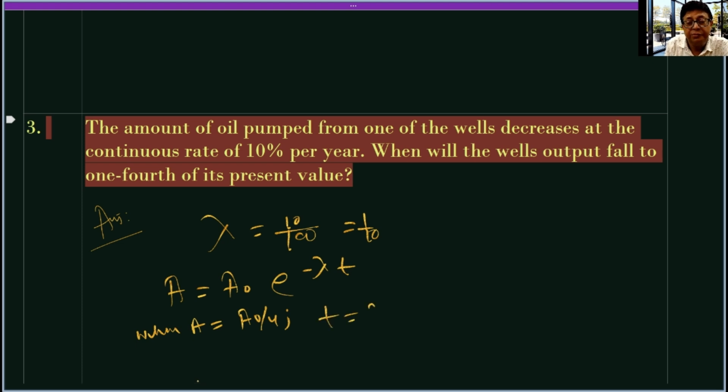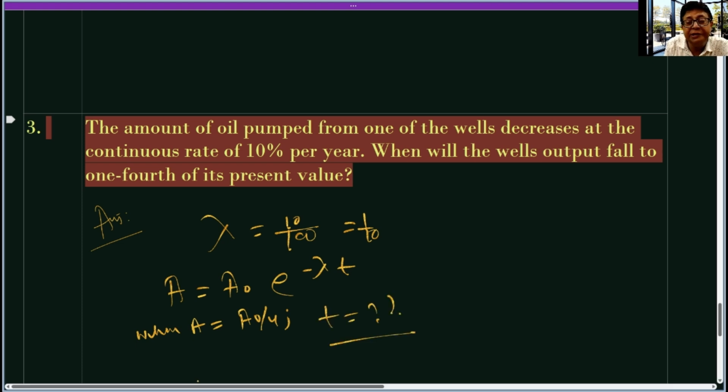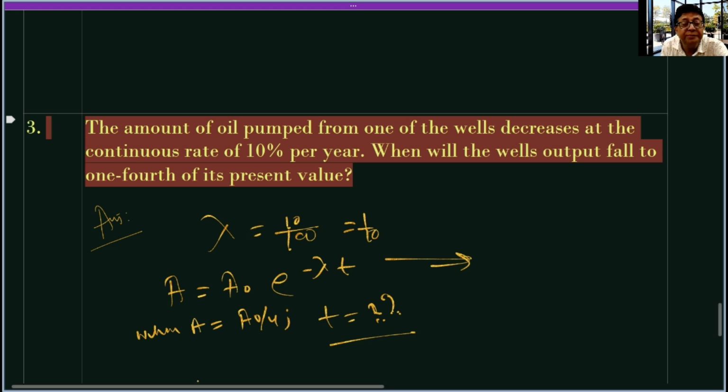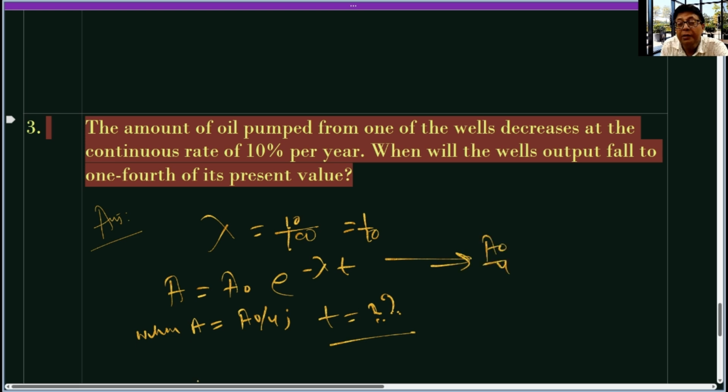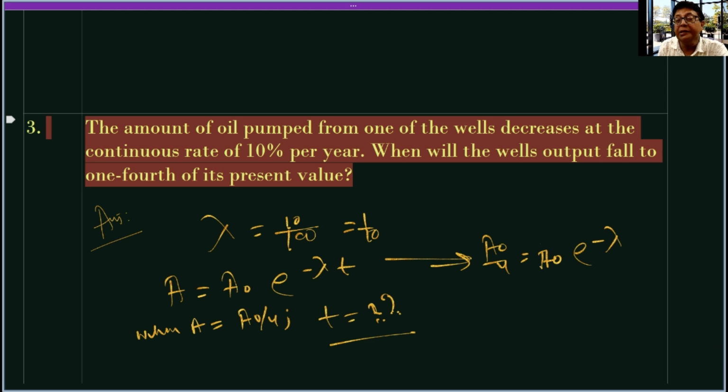Lambda is known, we have to find the value of t. When A equals A0 by 4, put it there: A0 by 4 equals A0 e to the power minus lambda t.